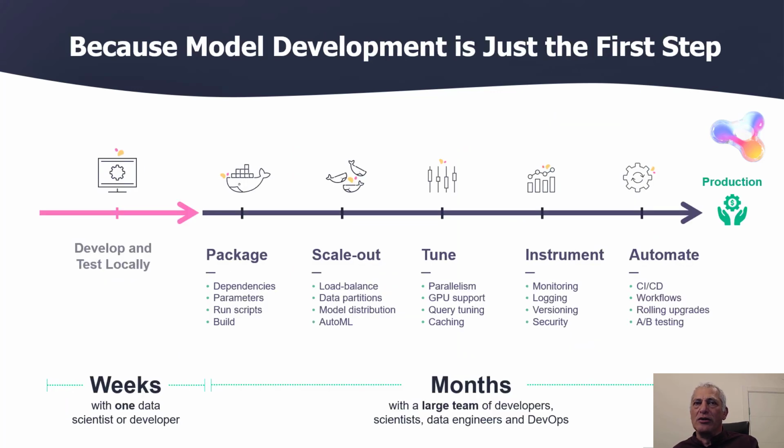And why is that? It's because there are so many things, as you can see here in the diagram. So we built something. We have some code running as a prototype on our notebook, but then look at how many steps we need to go in order to turn it into production. We need to take that code. We need to package it in containers with all sorts of dependencies. Then, usually in production, we may need to address different levels of scale.